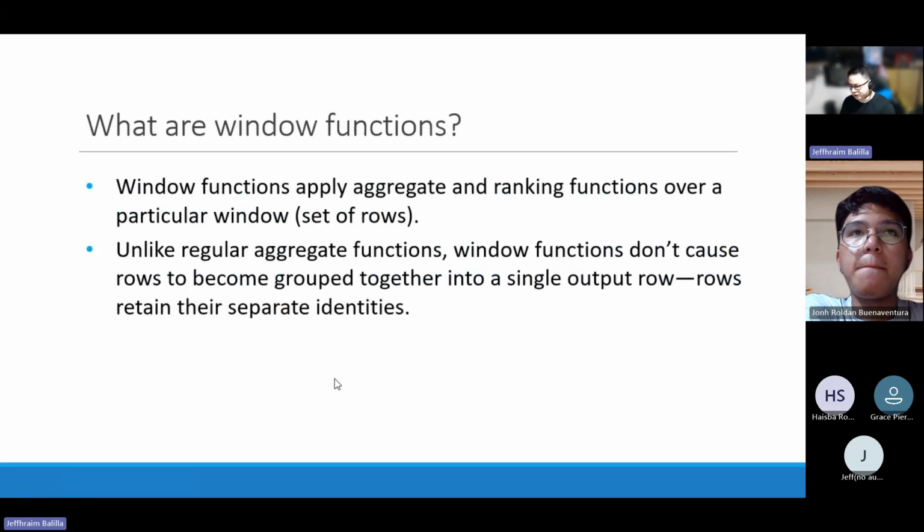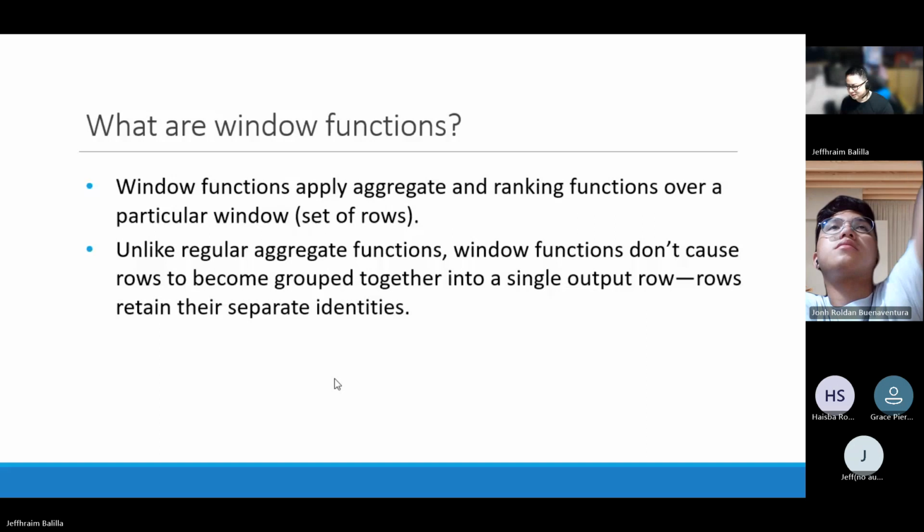So we have this window function. Basically, window functions apply aggregate and ranking functions over a particular window or set of rows, which is very useful. Can you imagine the things that you can do with window functions? You will be applying aggregate functions such as sum, average, and the like only to specific sets of rows.